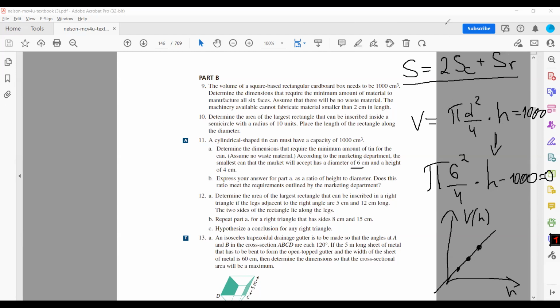Once you found the minimum, you can again make this function based on h if you fix the diameter. And then you compare the result, whether h from here satisfies this equation. Okay, thank you. I hope it helps you.